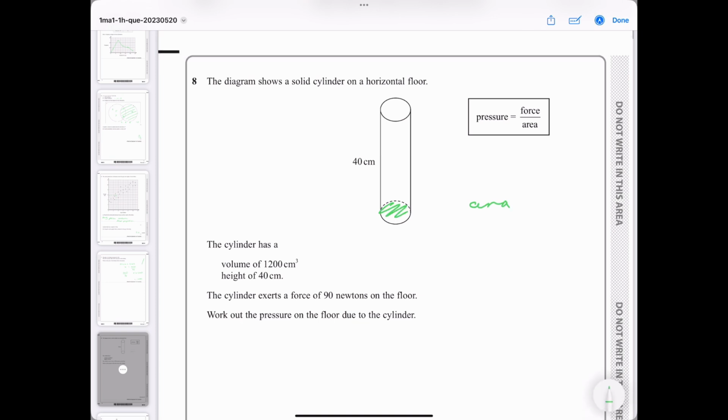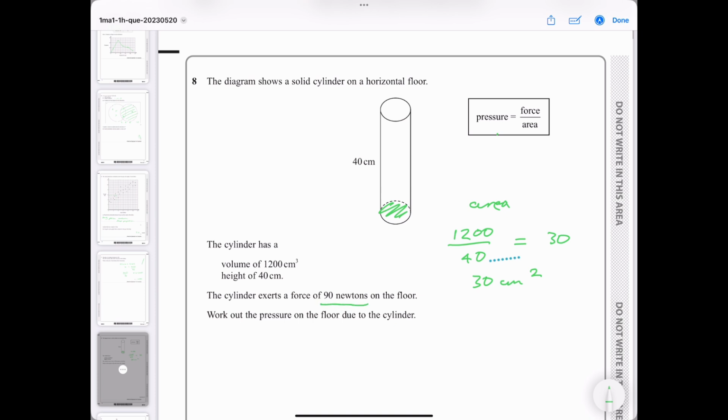the bottom. And we don't need to do an awful lot because area in this case equals the volume over the height, which is 40 goes into 1200 30 times. So we know that the area of the circle on the bottom is 30 centimetres squared. Now we can use pressure equals force over area.